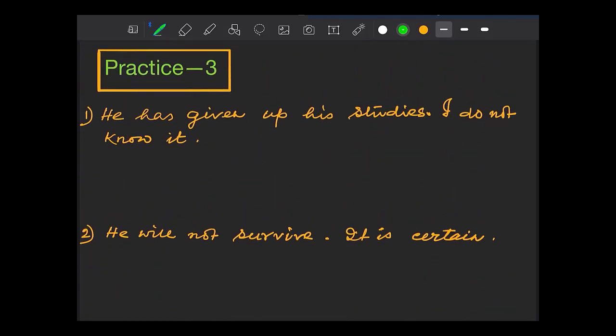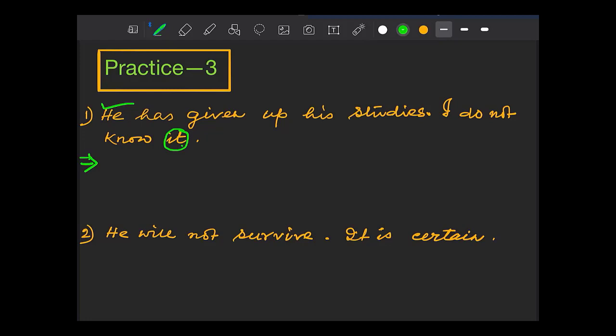Now we'll see the answer. Okay, he has given up his studies. I do not know it. Very easy. In place of it, we'll use this.